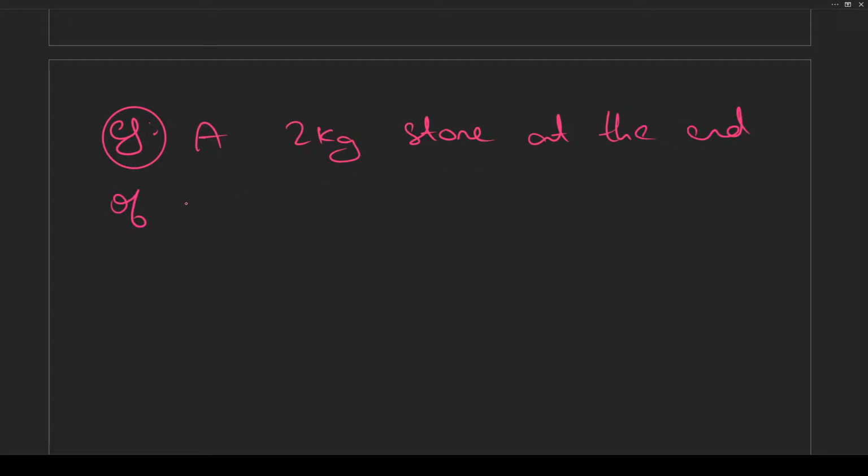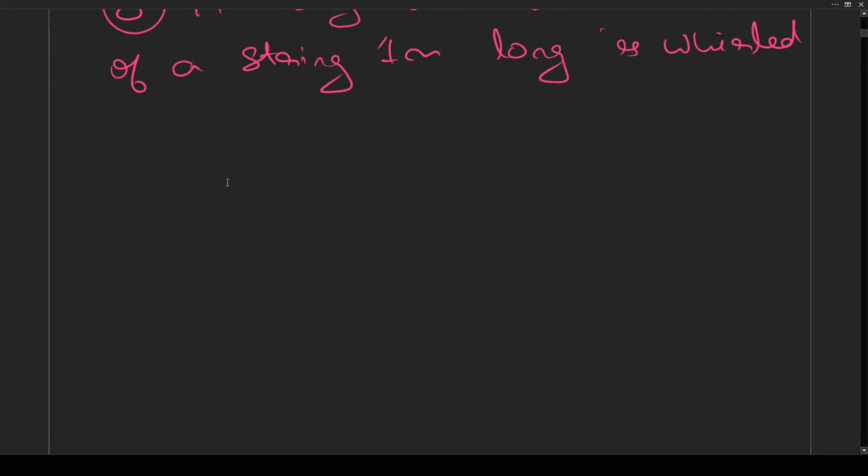The next question is, a 2 kg stone at the end of a string 1 meter long is whirled in a vertical circle at a constant speed.